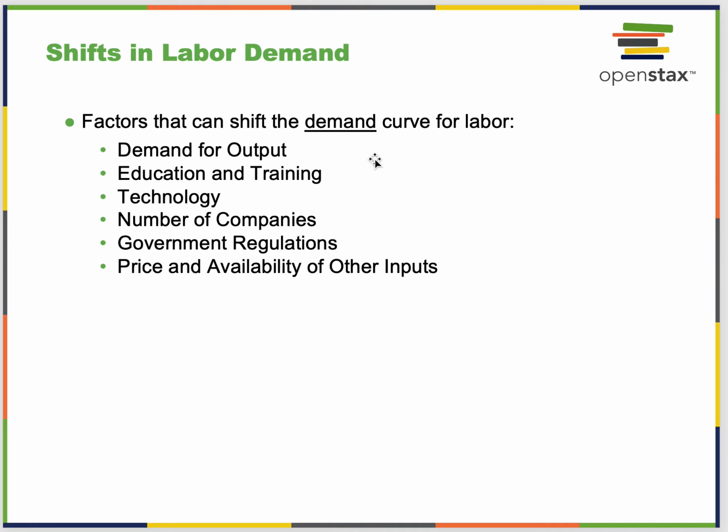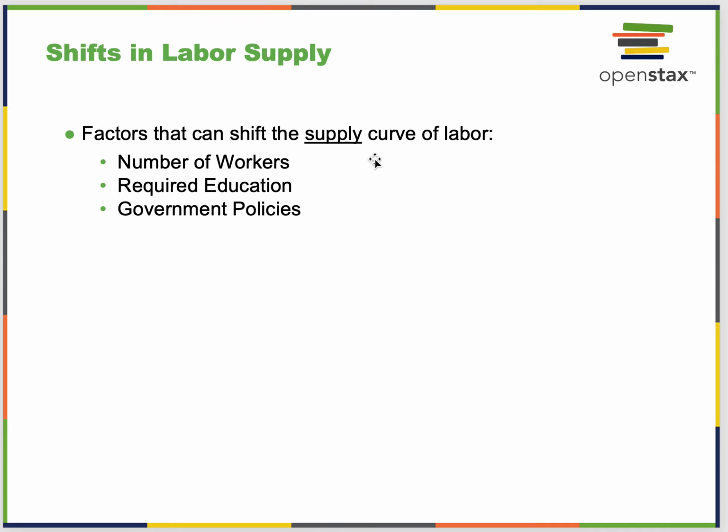The factors that can shift the demand curve for labor are: demand for output, education and training, technology, the number of companies participating in the marketplace, government regulations, and price and availability of other inputs. Factors that can shift the supply curve of labor are: the number of workers, required education, and government policies.